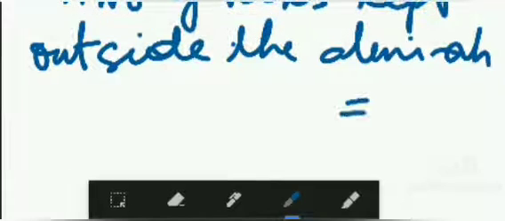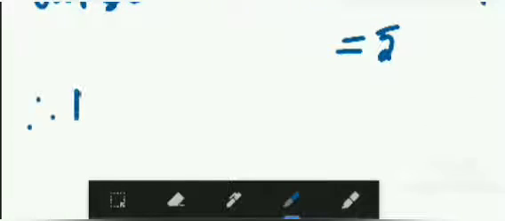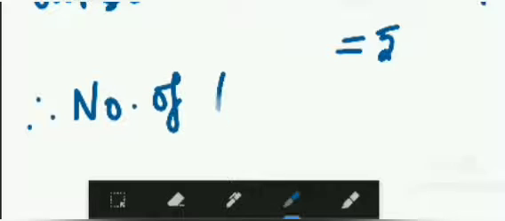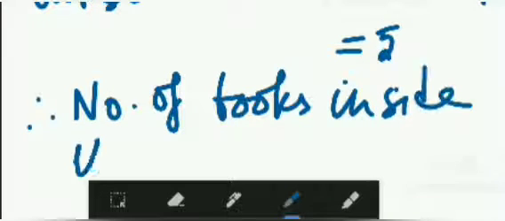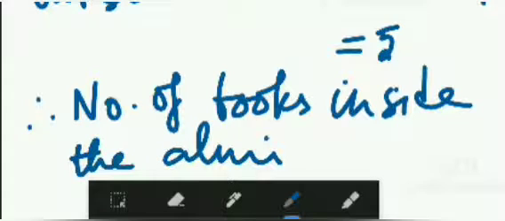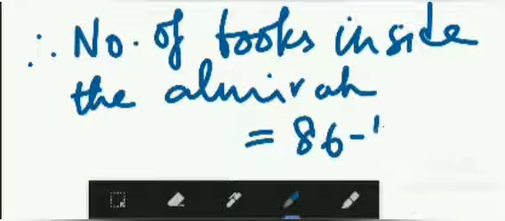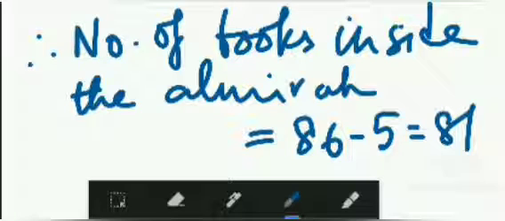It is told in the question that 5 books are outside the almirah. That means number of books inside the almirah: for this you have to subtract 5 from 86. You will get 81.